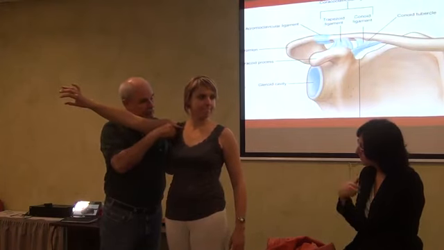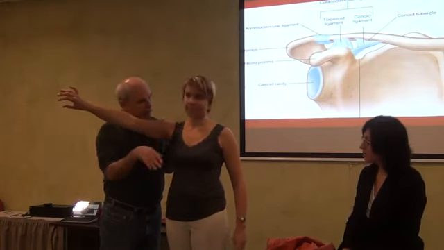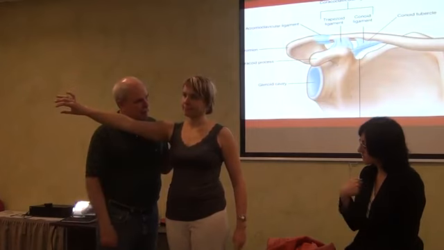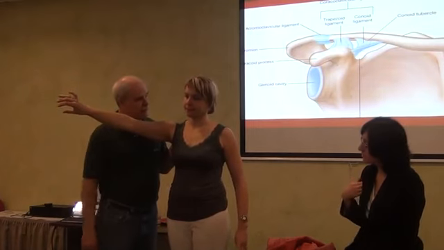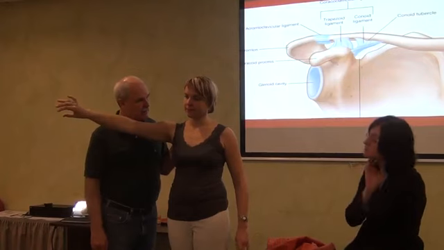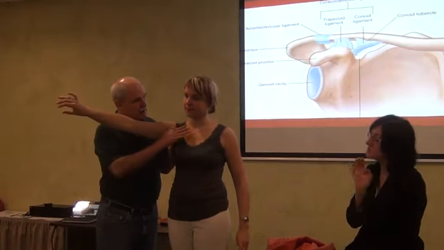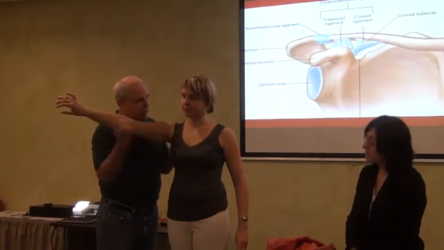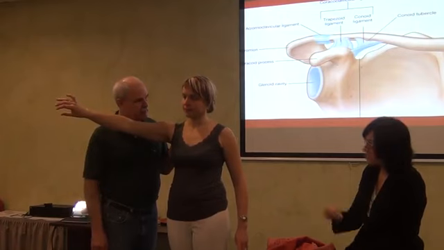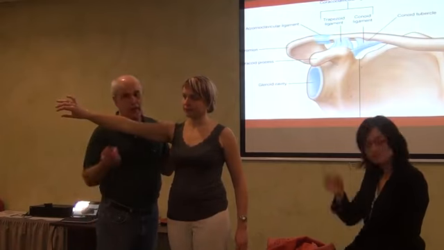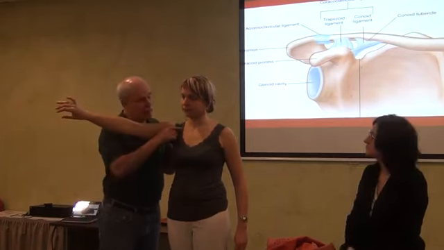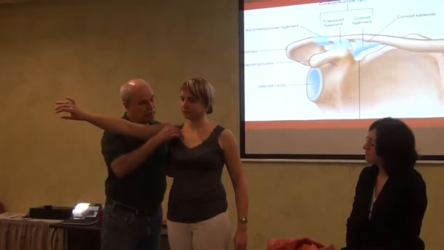Both became strong. Both pectoralis major become weak if I stress the conoid; if I rub, both become strong. Now, the trapezoid ligament is more lateral.